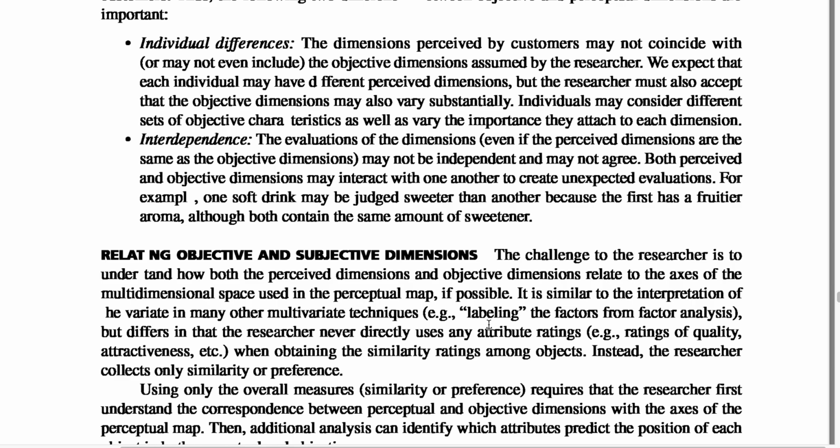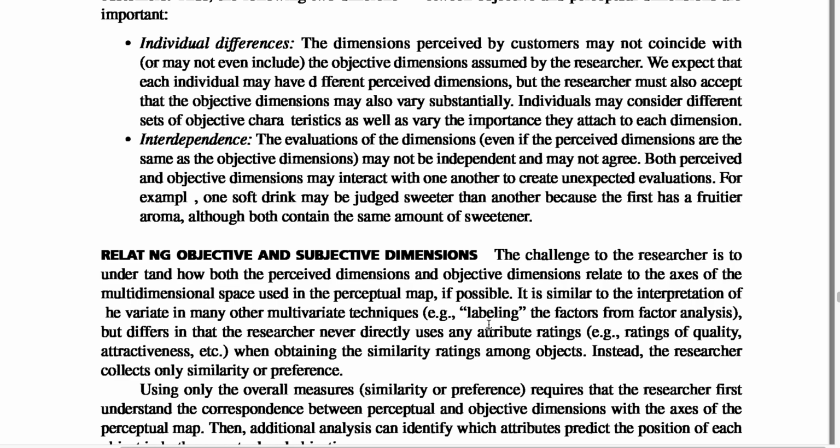We expect that each individual may have different perceived dimensions, but the researcher must also accept that the objective dimensions may also vary substantially. Individuals may consider a different set of objective characteristics as well as vary the importance they attach to each dimension.